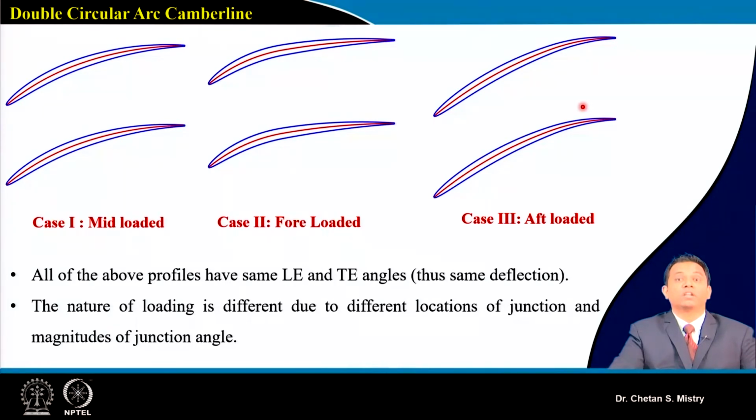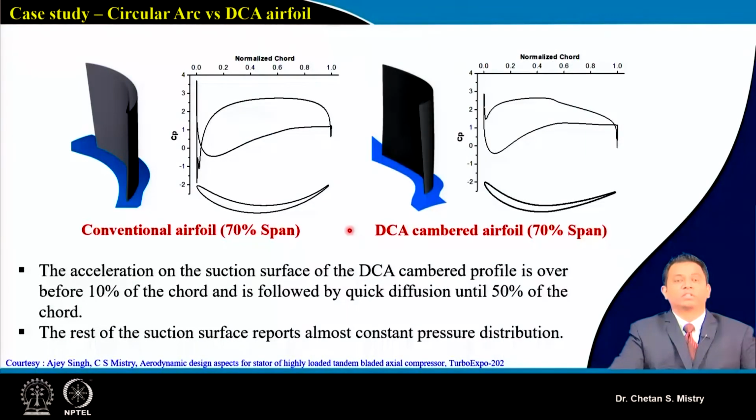So the sudden droop that we saw for the parabolic arc camber line is now reduced. You have more control of the flow on your suction surface and on your pressure surface.